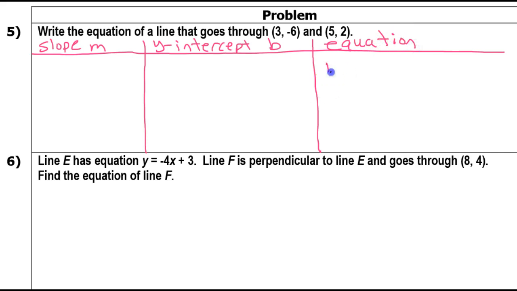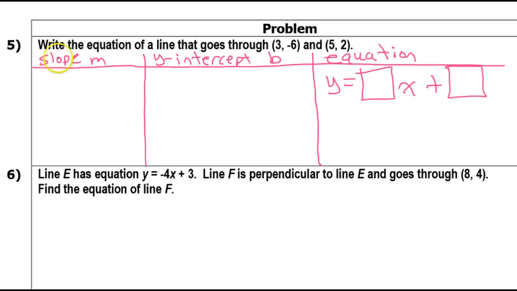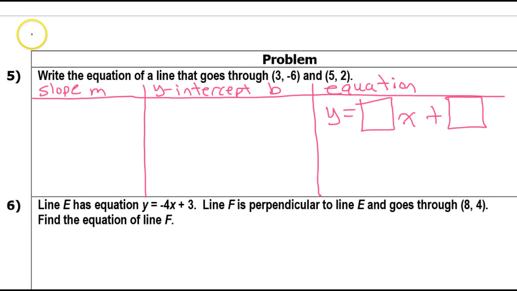And when we write the equation, it'll be y is equal to something x plus something, where the first box is the slope and the second box is the y-intercept. So let's start with the slope. Maybe I'll put a little formula up here. The slope is y2 minus y1 over x2 minus x1. Okay, so that's what I'm going to do right now.